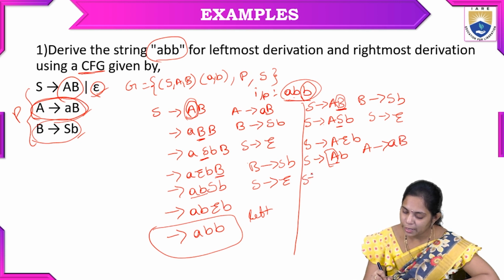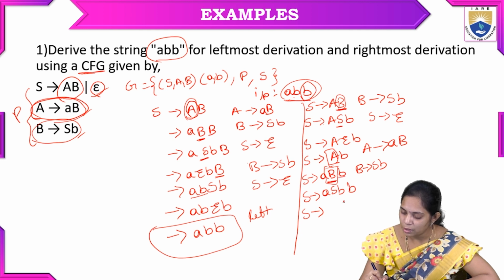And here we will write A, B and B. And here only one non-terminal is left. We will replace that with B tends to SB. And here A, S, B. And S tends to SB, B. So we left this one.